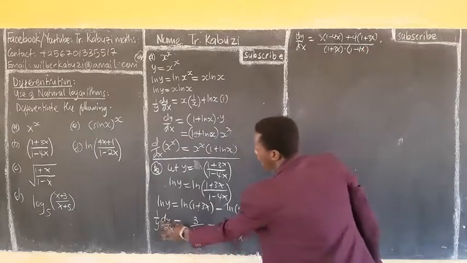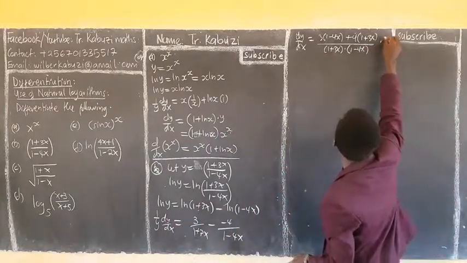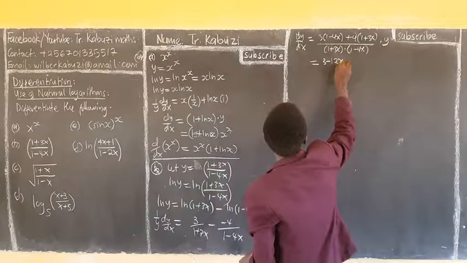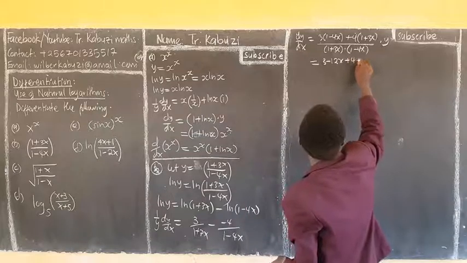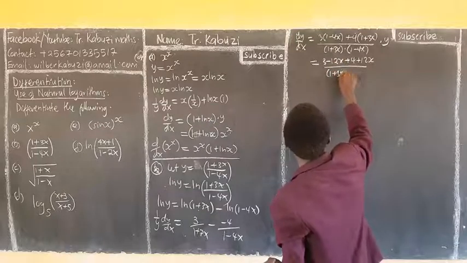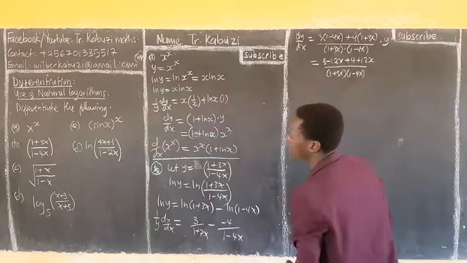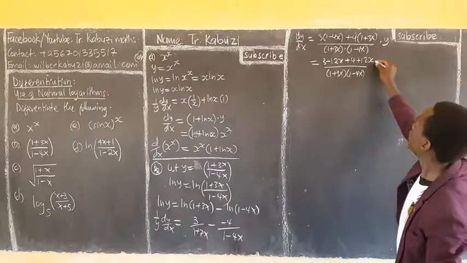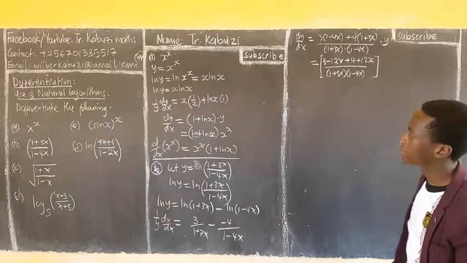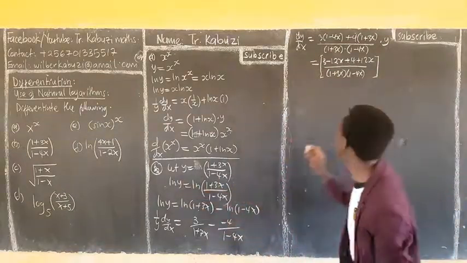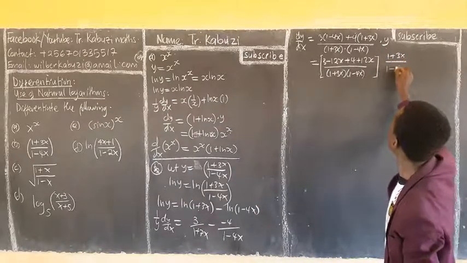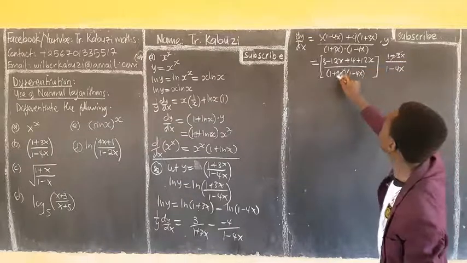But then I multiply by y this side, so the whole of that times y. So let us see, this would be 3 minus 12x plus 4 plus 12x, the whole over 1 plus 3x, 1 minus 4x. From there, members, I multiply it with my y. My y was 1 plus 3x over 1 minus 4x, so that this will cancel with this.